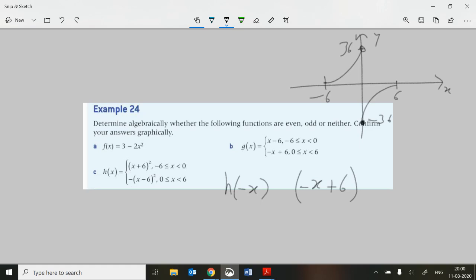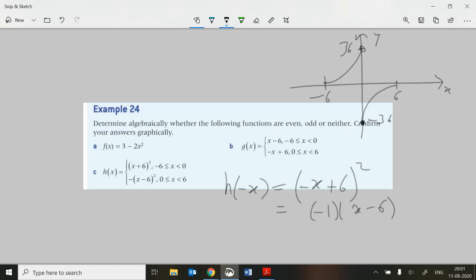So we're saying that this is putting in minus x. Now we can see that that's not looking like the negative of this thing at the moment, but what we could do here is take a factor of minus 1 out of the inside here. So we've got x minus 6 inside.